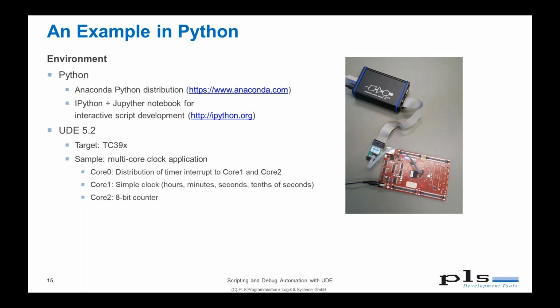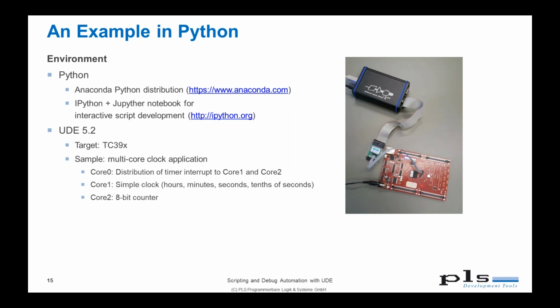Core 0 is responsible for providing a timer interrupt to the other cores, and core 1 realizes a simple clock with all the stuff you need: hours, minutes, seconds, and tens of seconds. And core 2 realizes an 8-bit counter, which is not important to know for this sample here.